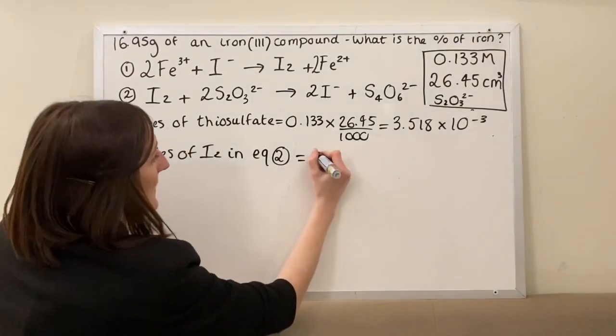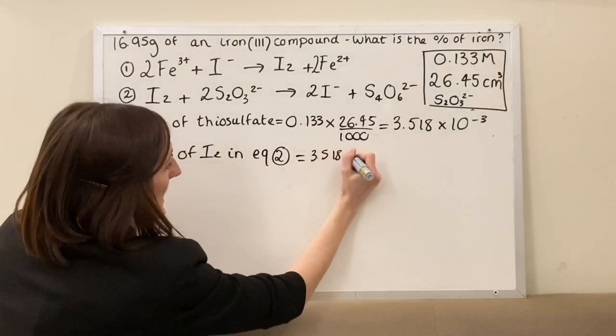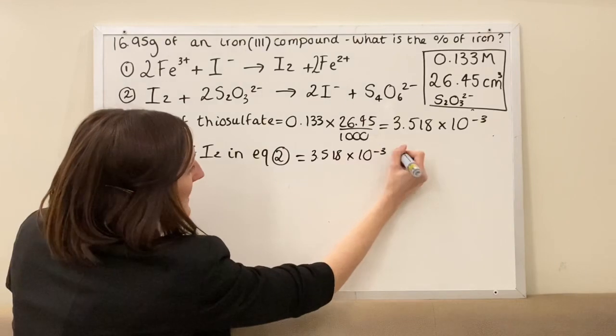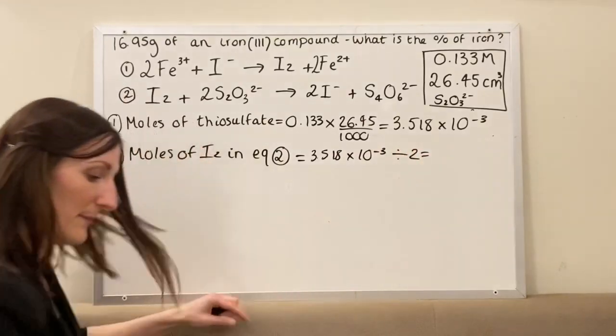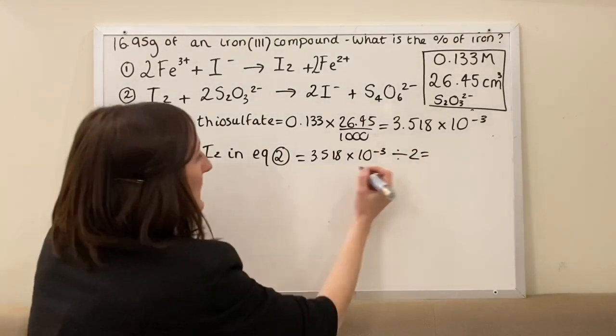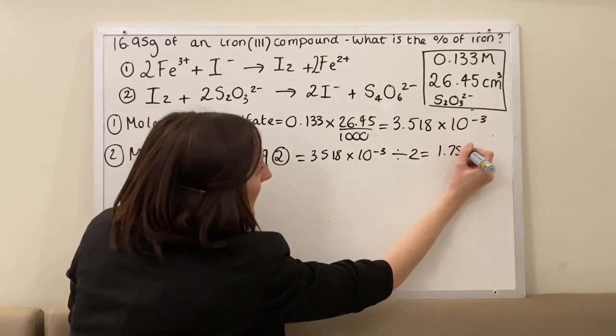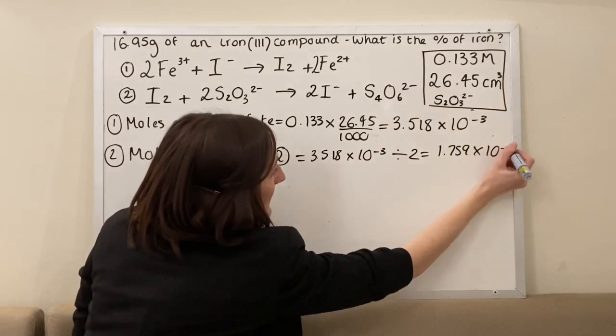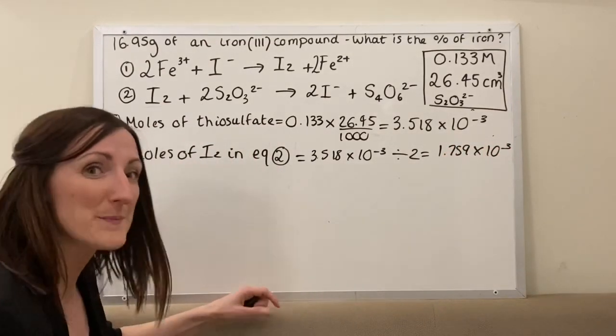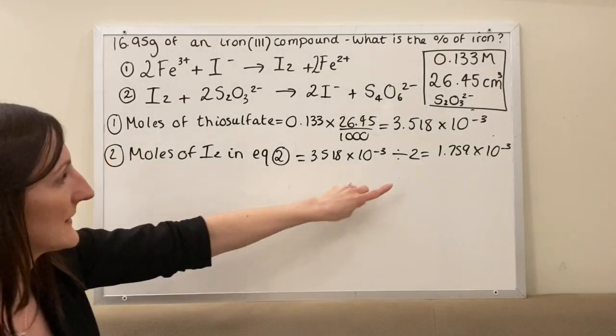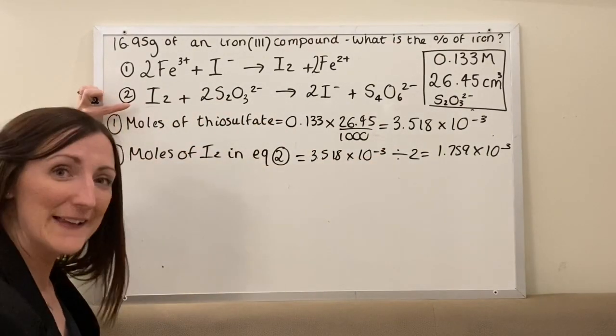So 3.518 times 10 to the minus 3 divided by 2, and we get 1.759 times 10 to the minus 3. That's me rounding it; remember, keep it full on your calculator. So we know how many moles of iodine we've got.